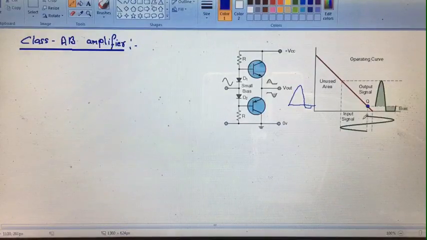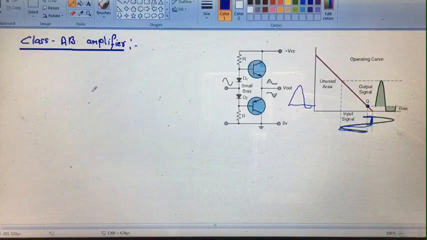And same in the case of input signal also, some part of the input is restricted, while this part only is allowed. So response is for greater than 0 to pi, but less than 0 to 2 pi.